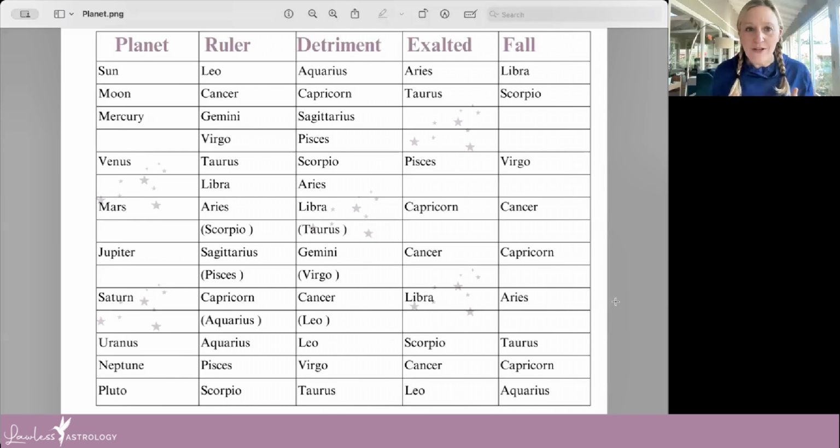So let's just use the sun as an example. All the planets revolve around the sun. The sun doesn't revolve around the planets, right? And so Leo is a sign that has that same sort of gravitas. It doesn't want to revolve around other people. It is a natural leader.